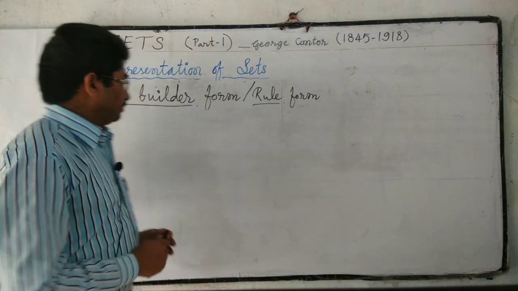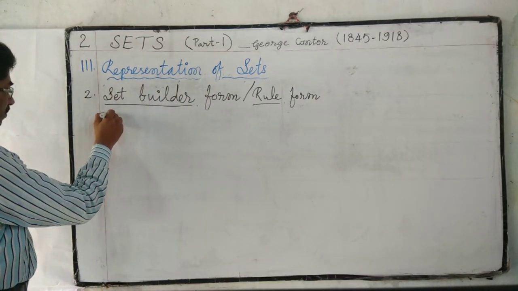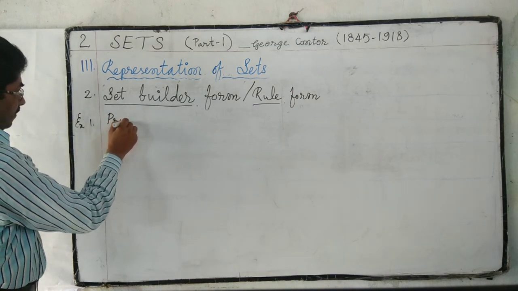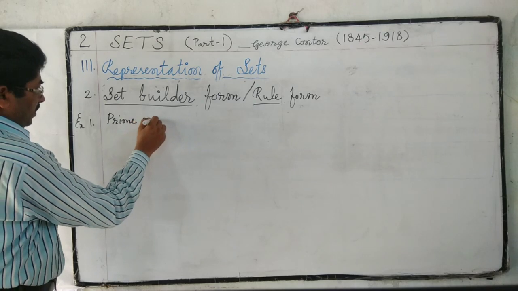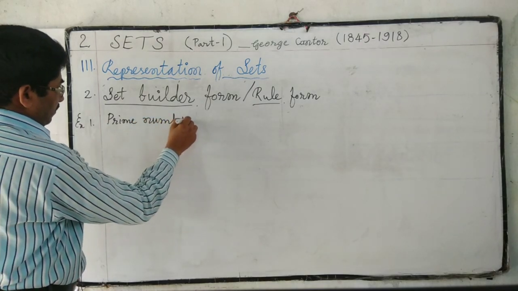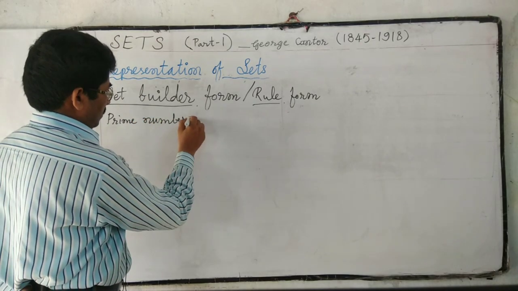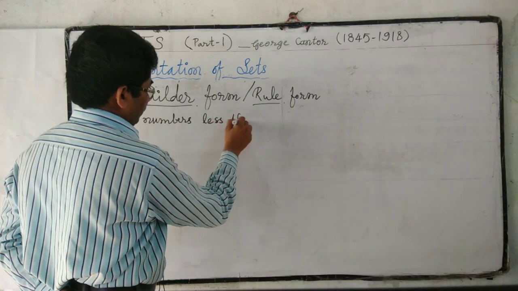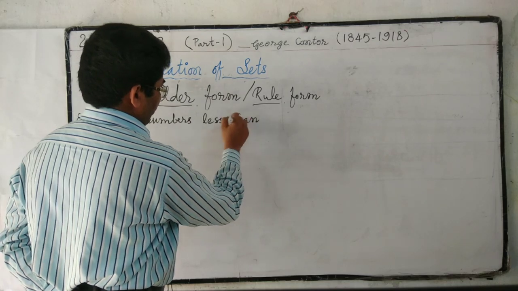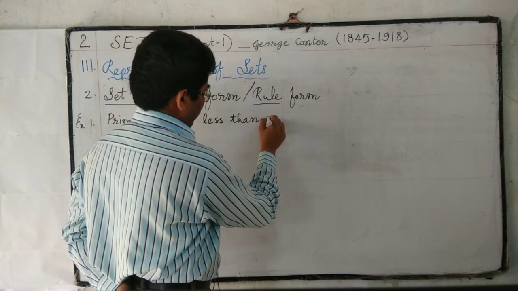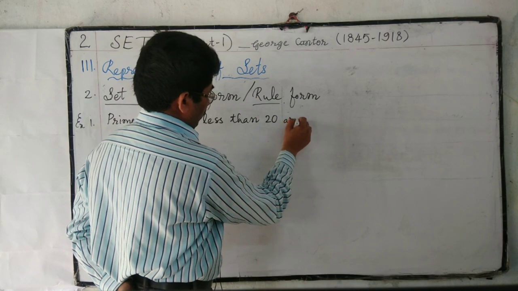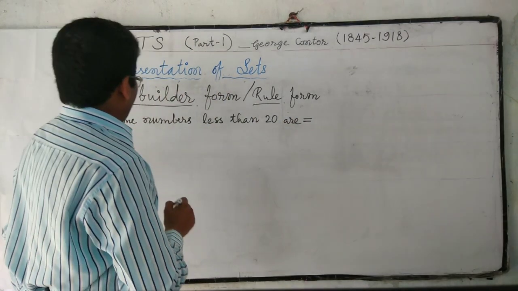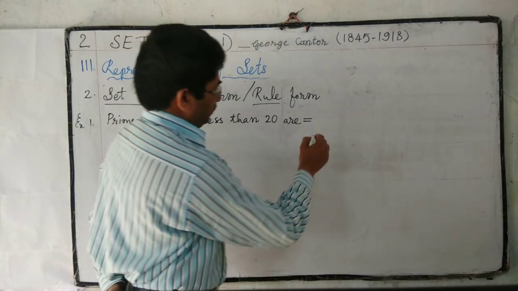For example, set of prime numbers less than 20.